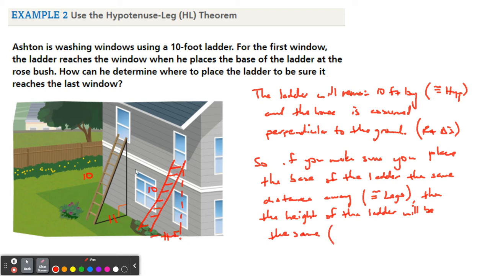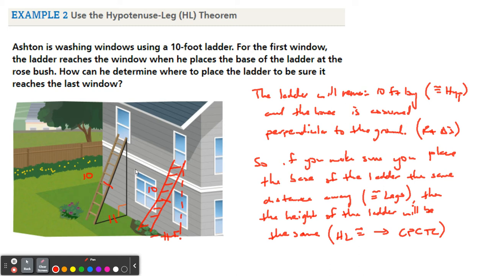And again, the reason is if you have congruent hypotenuses in right triangles and congruent legs, then you can use HL to say the triangles are congruent. And if the triangles are congruent, then all of its corresponding parts are congruent. So we can use CPCTC to show that those vertical sides would also be congruent. So this is sort of like thinking about a proof, just applying it to a real life situation.